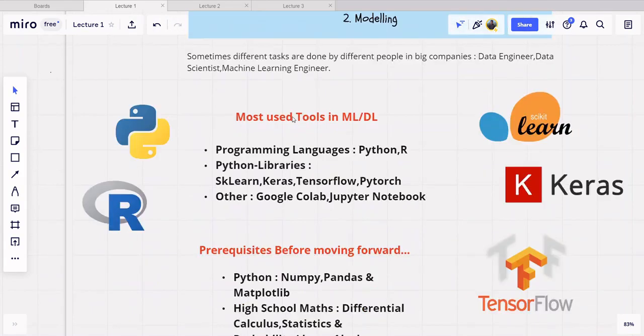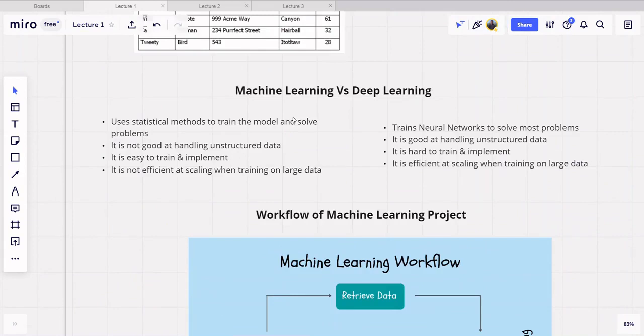The next point is, machine learning is not efficient at scaling when training on large data, whereas deep learning is efficient at scaling when training on large data. Again, it is true, because in machine learning the number of parameters for regular machine learning algorithms is not very large. The regular machine learning algorithms are very lightweight, so that's the reason you can easily train them on your local PC.